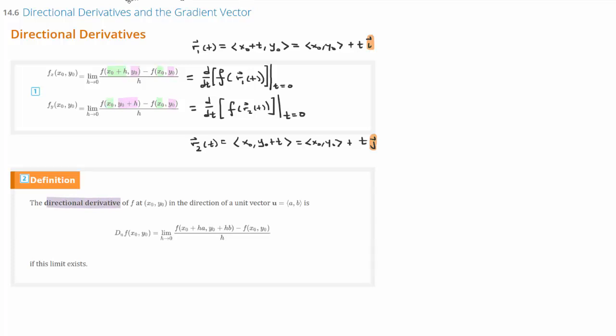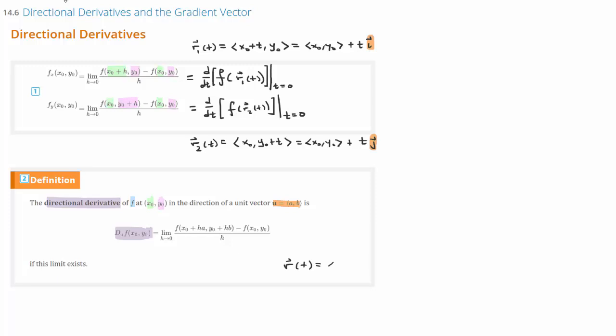It takes as its input a function f, a point (x0, y0), and a unit vector u equal to (a, b), and it outputs a number, D_u f(x0, y0), which represents the rate of change starting at (x0, y0) of f in the direction u. Here your book has given the limit definition of the directional derivative. If you'd like the alternate interpretation, then you can think of the following.